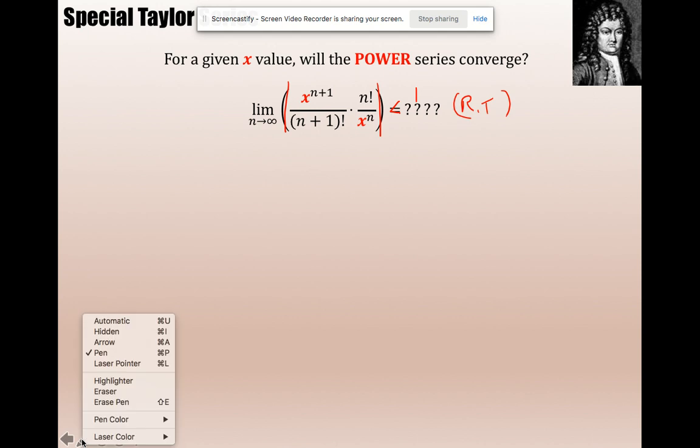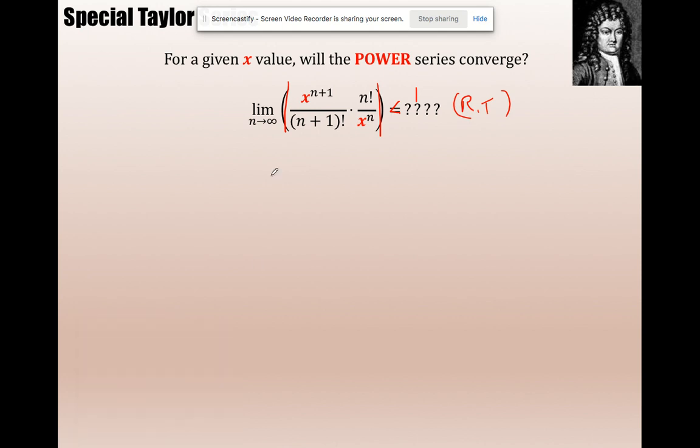Now I need you to pay attention here. I'm taking the limit as n goes to infinity. Here are my n's. I am not taking a limit as x goes to infinity. So your first job is to get x out of the situation.